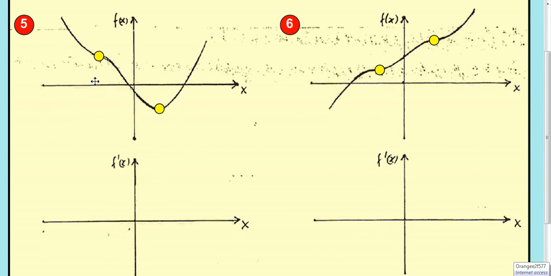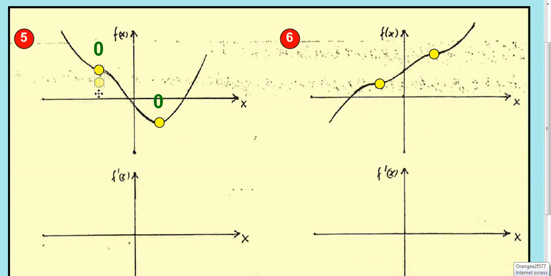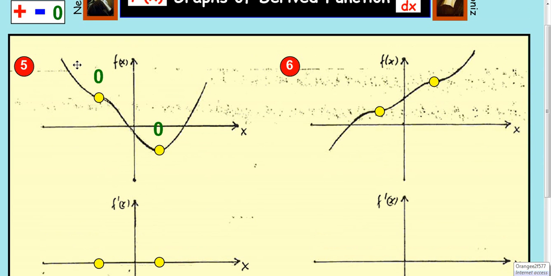Okay, next example. Mark in your zeros and put your stationary points on the x-axis. This is a negative gradient here. This is also a negative gradient. And at the end it starts to go back up, that's positive gradient.